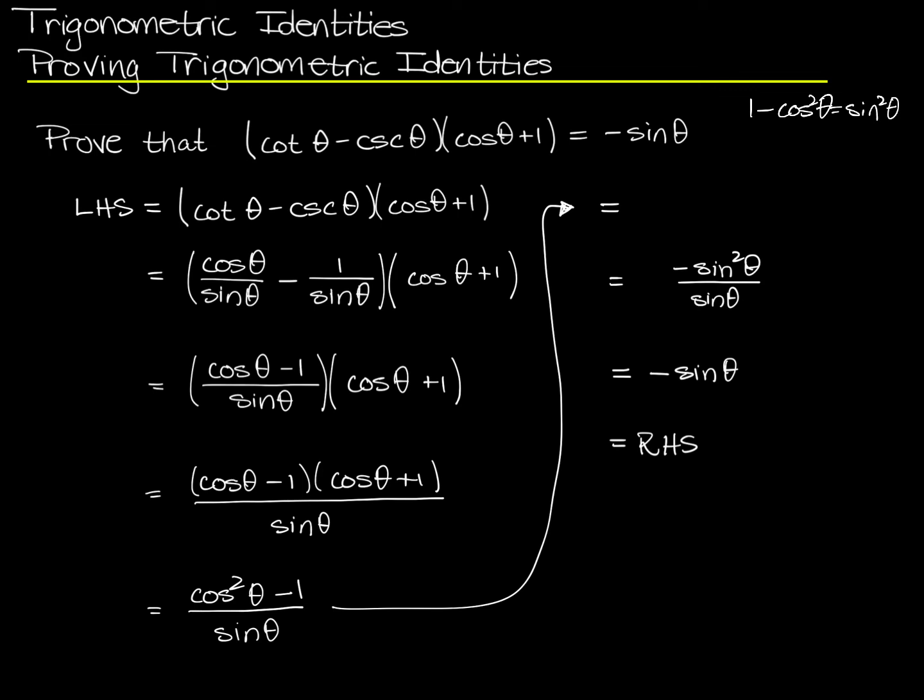So I used the fact that negative 1 minus cosine squared is equal to negative sine squared, and then I distributed my negative. I got negative 1 plus cosine squared of theta equals negative sine squared. And then I reversed these two terms, cosine squared minus 1, equals negative sine squared.